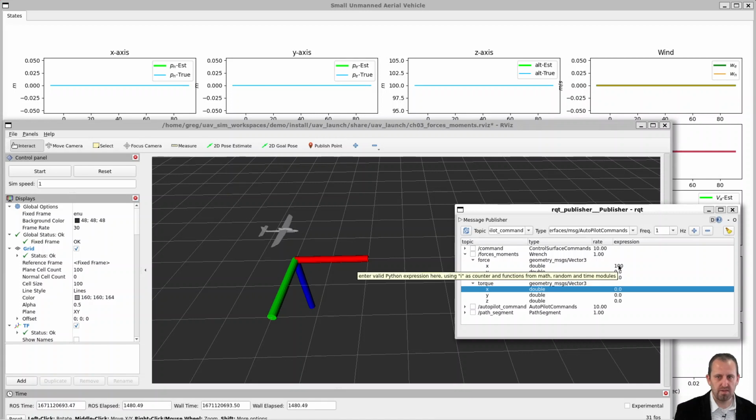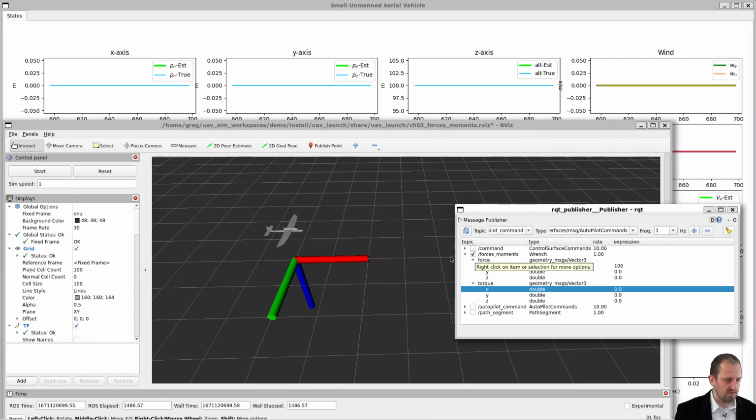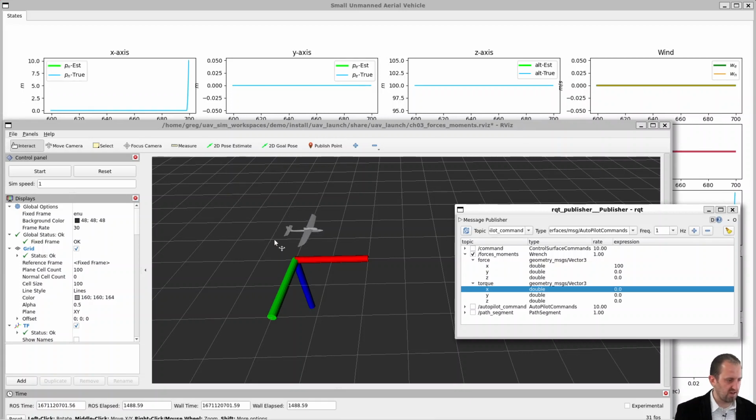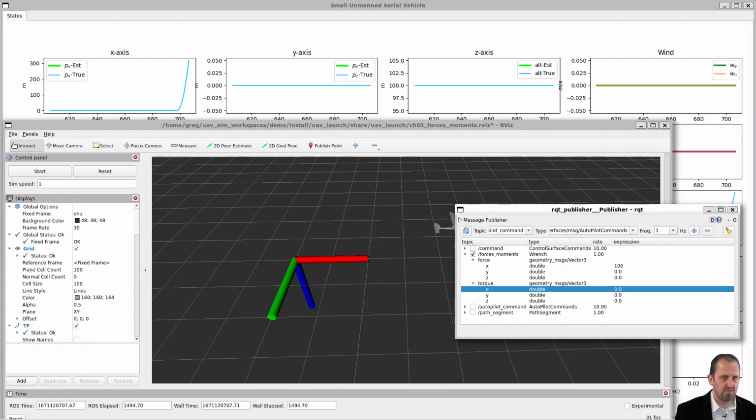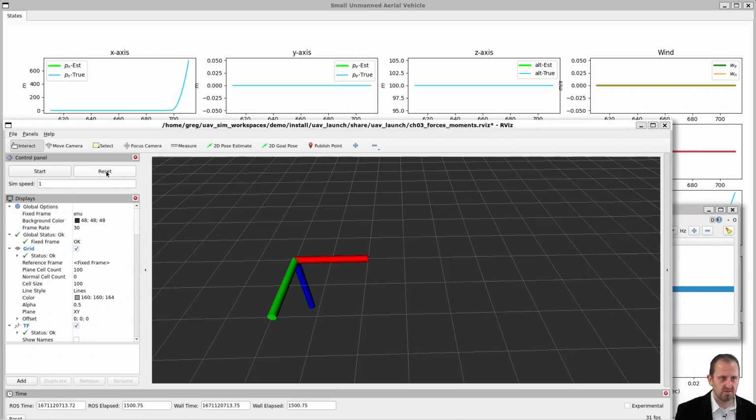So we're going to apply 100 newtons in the X direction. Once I turn that on, you'll see that the aircraft starts to move in the north direction. In the top left, we're plotting our north position variable, and it quickly goes off the screen, so we can reset that to see it again.